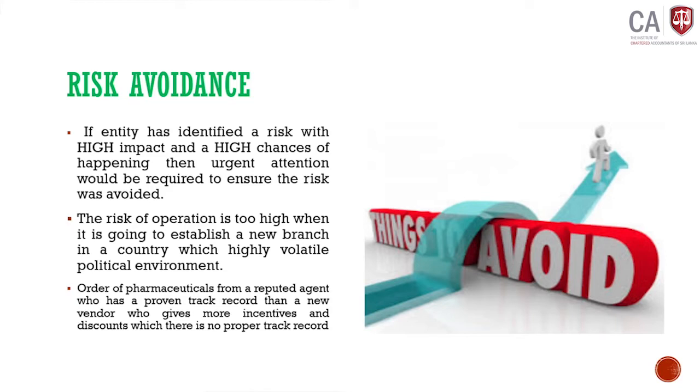Under that situation, it is not suitable. You can avoid it. You can establish a branch in a good location without political instability. Assume you are going to establish a branch in Singapore. It is a good business place to establish a branch. Then you have to avoid such risk without taking additional risk.